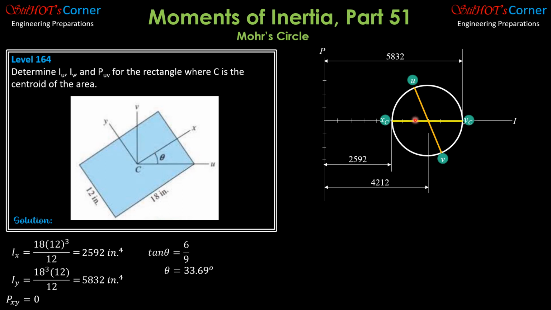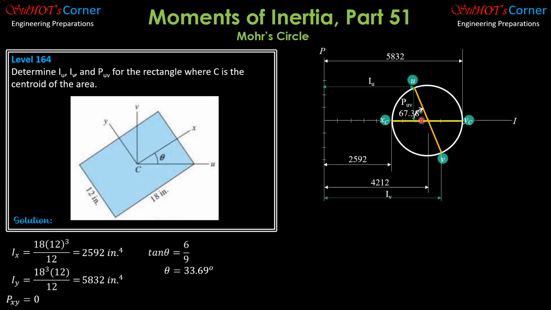The angle is clockwise from this x sub c axis, the yellow one, 2 times 33.69, and that is 67.38 degrees as shown. So this is centroidal I sub u, and this is centroidal I sub v, from here to the product of inertia axis shown. And P sub uv is positive because it is above the principal axis.